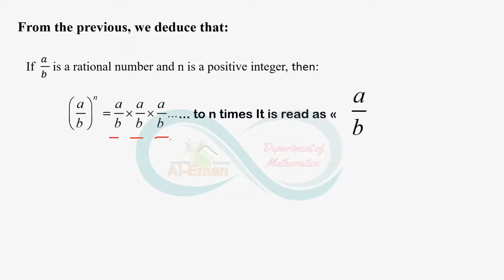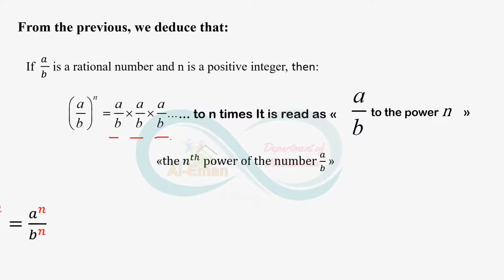We can distribute the power over the numerator and the denominator like this: a to the power n over b to the power n.